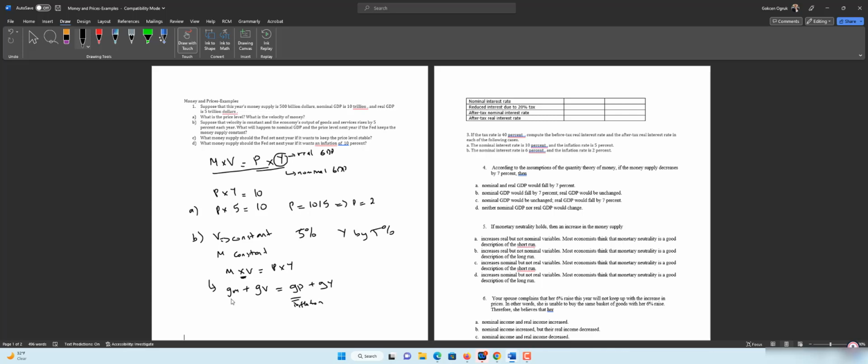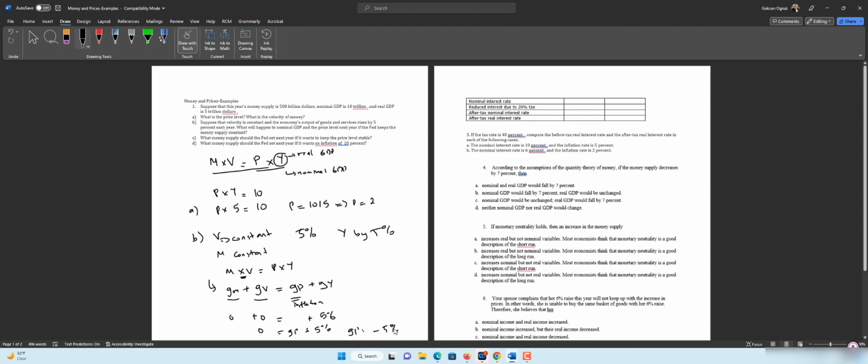And we know that GM and GV do not change because the question says that they are going to stay constant. So these are 0 plus 0 is equal to, we know that GY grows by 5%. And we need to find out the price level next year. If the Fed keeps the money supply constant, then in order to have 0 here, GP plus 5%, therefore GP should be negative 5%.